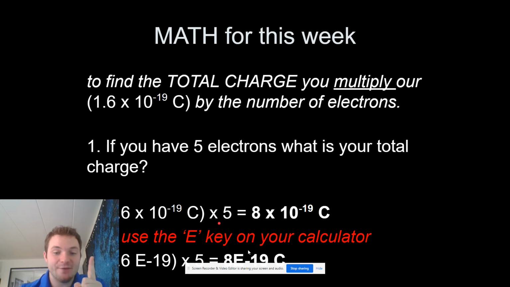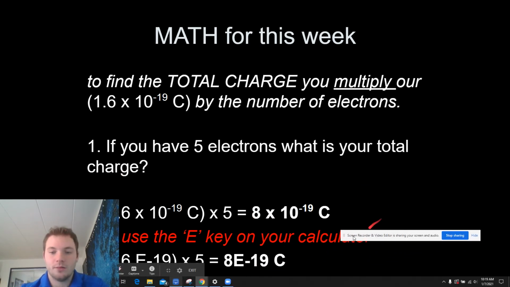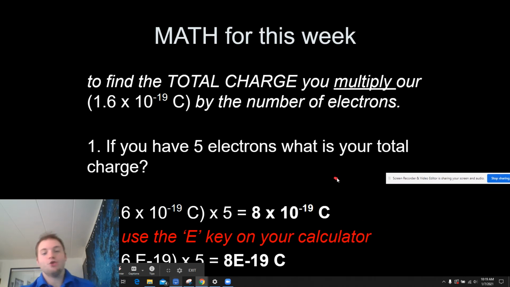You multiply it by 5, you get 8 times 10 to the negative 19th coulombs. So that's how much charge would be in the box. You have 5 electrons, each electron is this amount, and that's what you would get. You'll notice here that we're just talking about magnitude. With magnitude, you don't really need to worry about positive or negative.